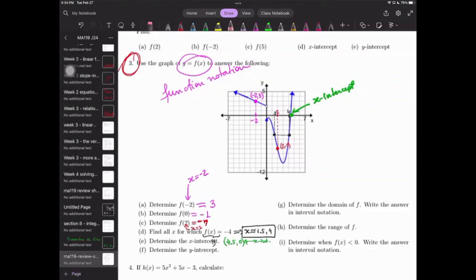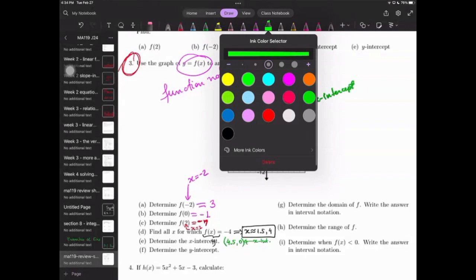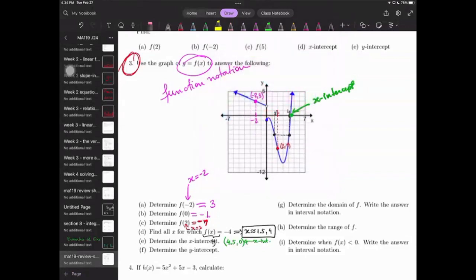Now for letter F, we have the y-intercept. So I was cleaning up the graph to just point out the y-intercept. I'm going to mark that in a bright yellow. So this is the point right here, bright yellow. That's the y-intercept.